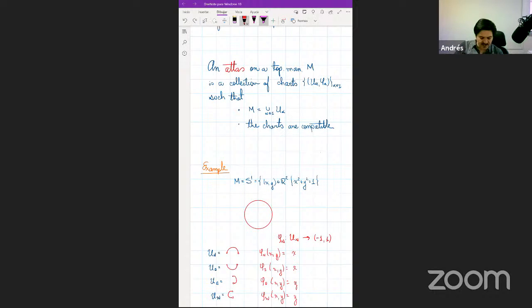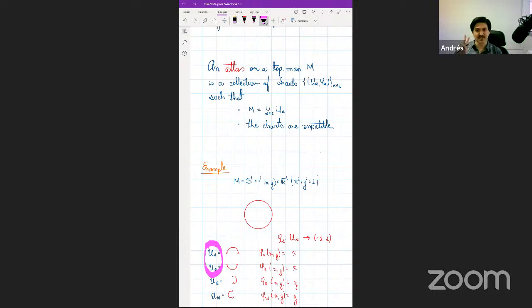In the same way, I have the south part, and I have that function. If we forget the compatible thing, we will look it up later. UN and US don't cover the circle.